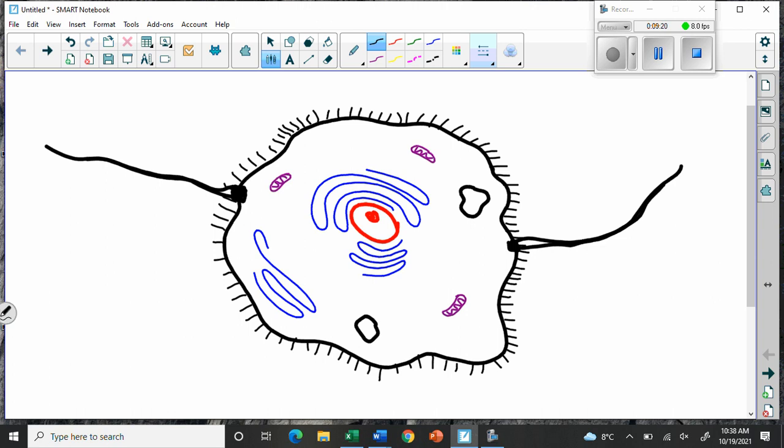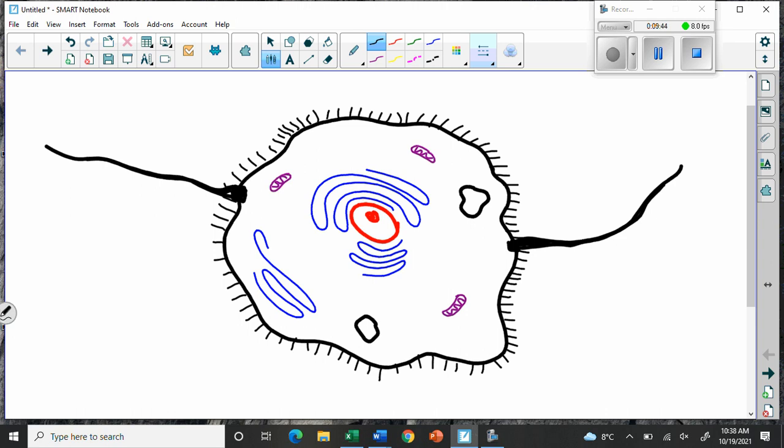These tails form long whips that can also move the cell and make it swim through the water. They can rotate and spin. I'll only draw 2. Sometimes a cell has 1, sometimes it has many. Maybe it might have 6 or 8 or 10, depending on what kind of cell it is. So there's those things that we want to put in the picture.